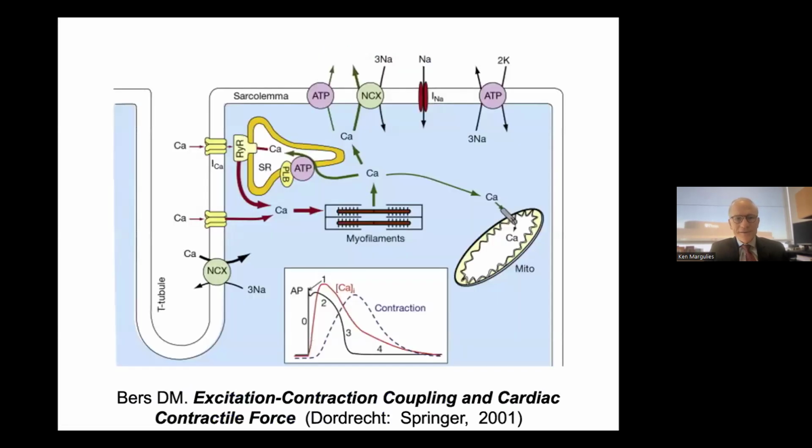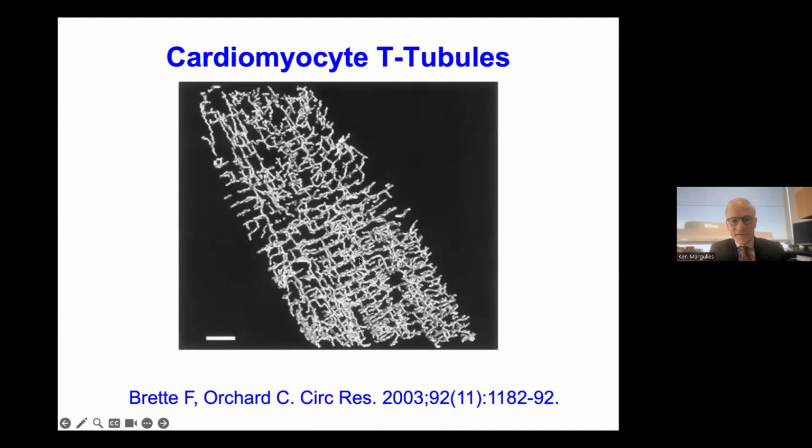I want to take a moment, getting past this oversimplification of what a T-tubule looks like, because this is what a T-tubule looks like in a fragment of a cardiac myocyte. This is the T-tubule network. And I think this illustrates quite well how the function of these is to get the surface membrane into the interior of the cell to activate all those different myofibrils and to release calcium from all those different intracellular stores throughout the interior of these large cells.